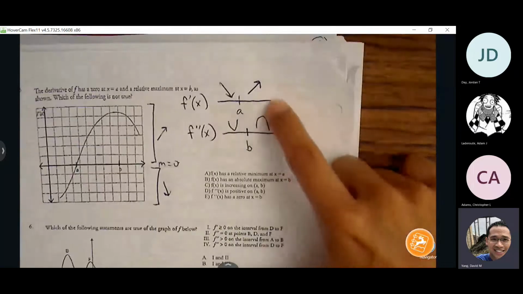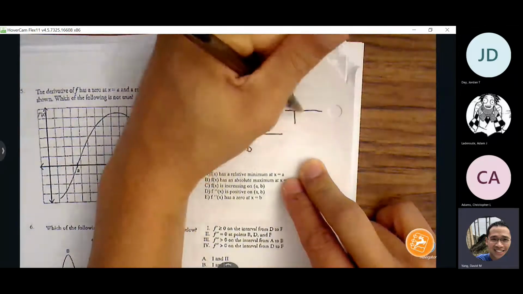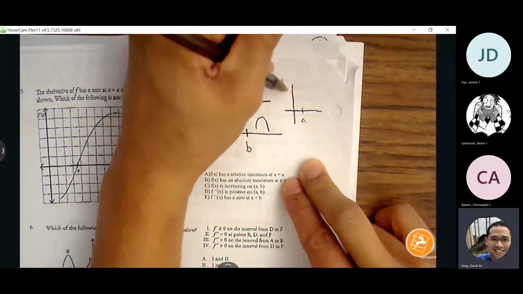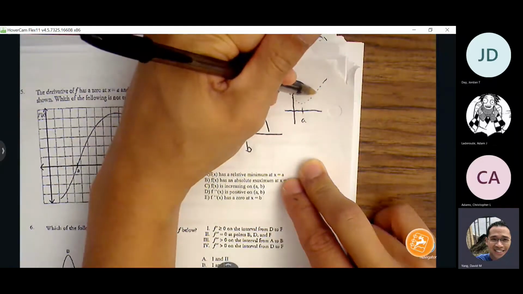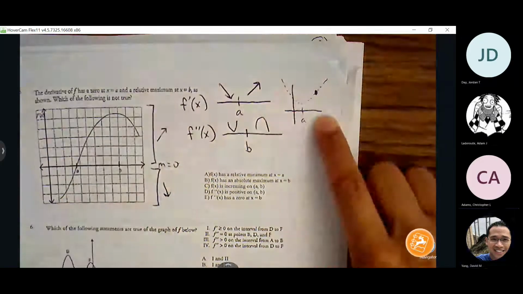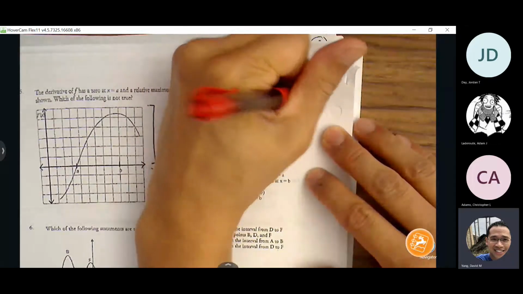So let's just see what this graph looks like. We know that at A, the graph is going to be decreasing, followed by increasing. And then at B, wherever that B is, it's going to be concave up, followed by concave down.